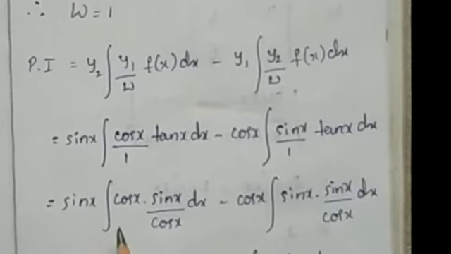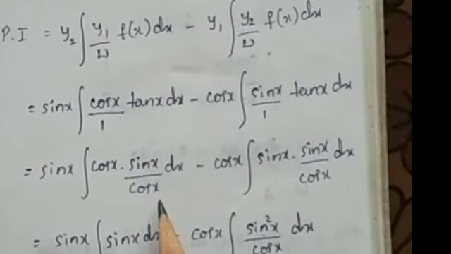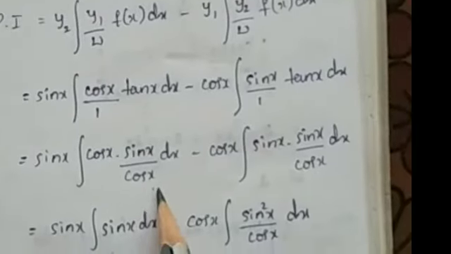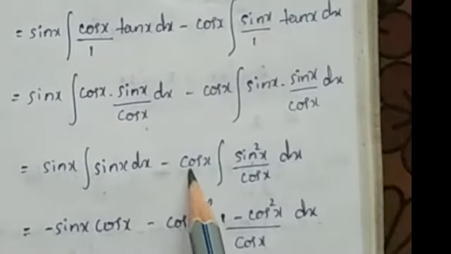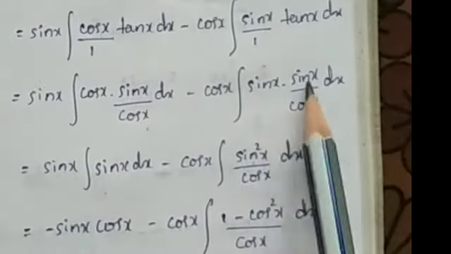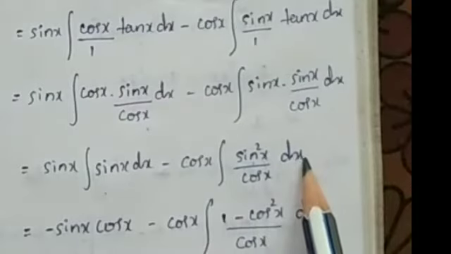Okay, tan x is sin x by cos x. Then sin x integration of cos x gets cancelled. You get integration of sin x dx minus cos x integration of sin square x by cos x dx.